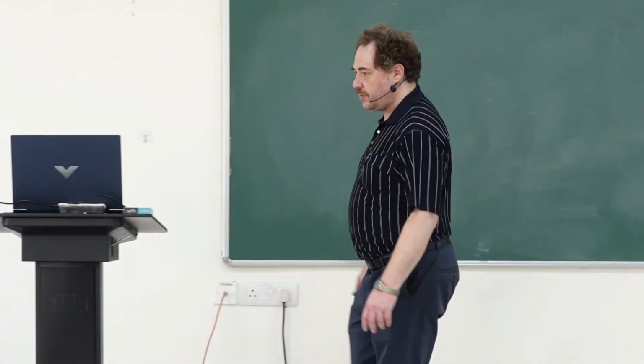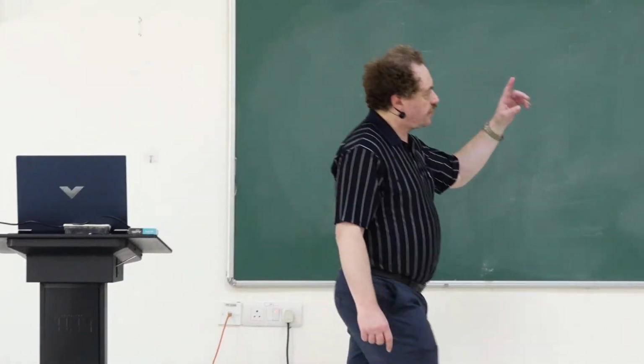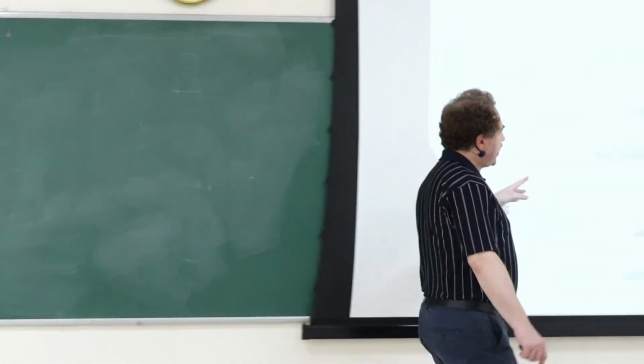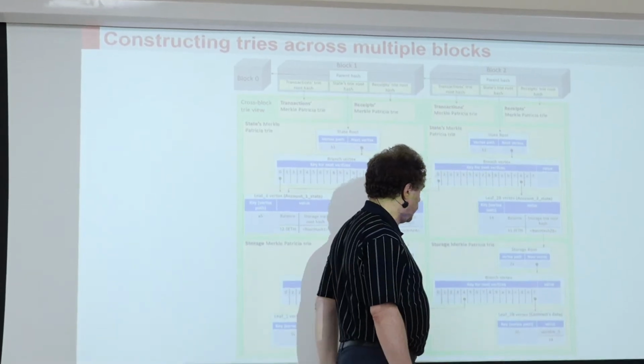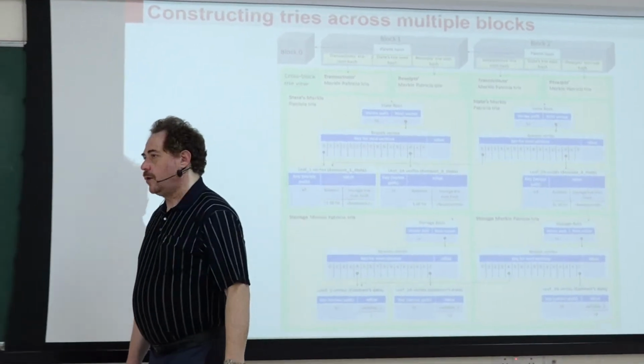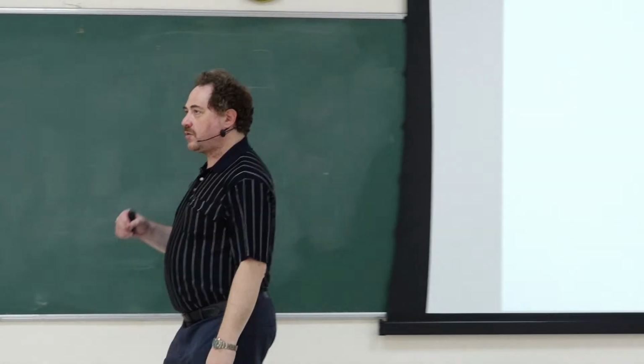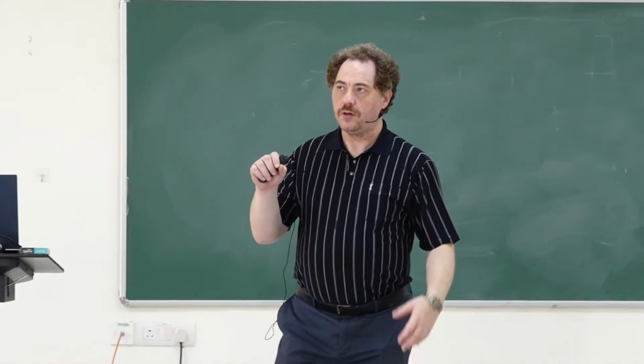Now, that's the view for one block, and that's a view for a different block, right? So how does it work in Ethereum?